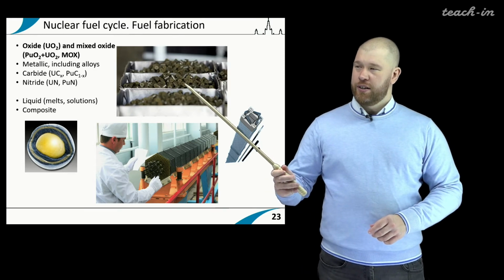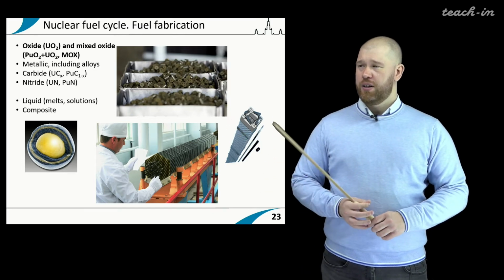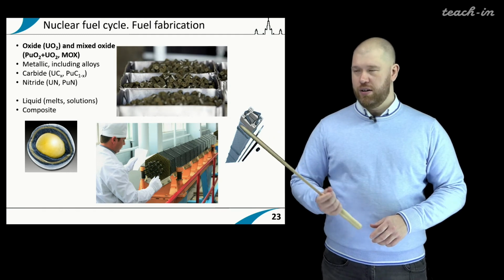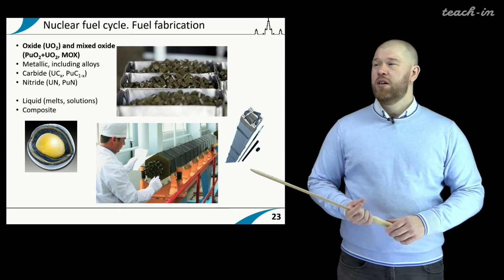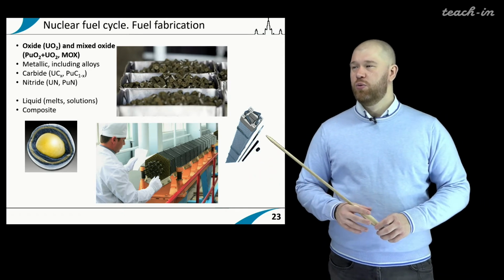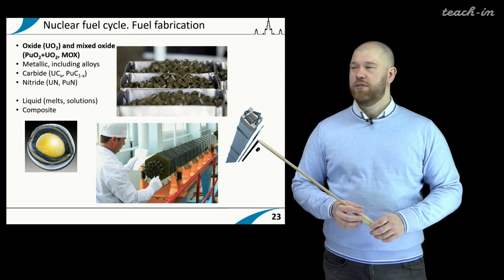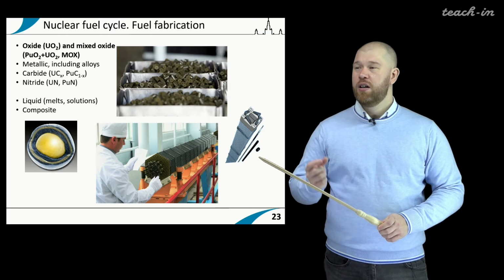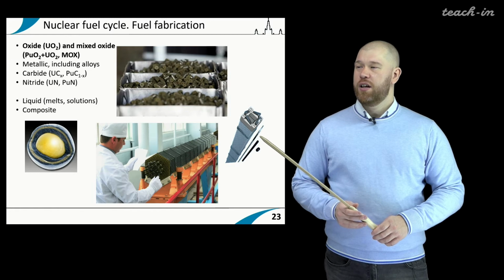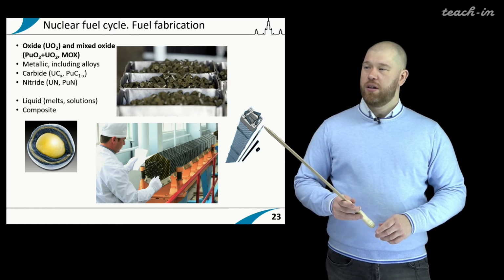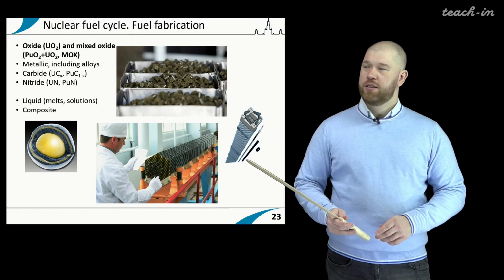It looks like these tablets. They are very small, around 8 millimeters in diameter and around 2.5 centimeters in height. So these small cylinders are placed in claddings.